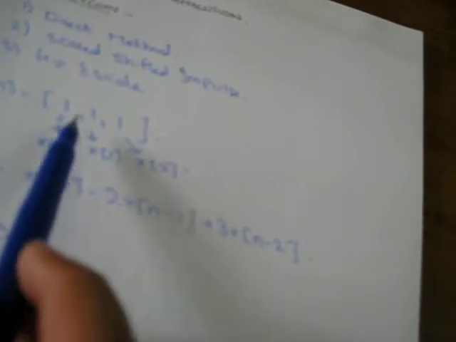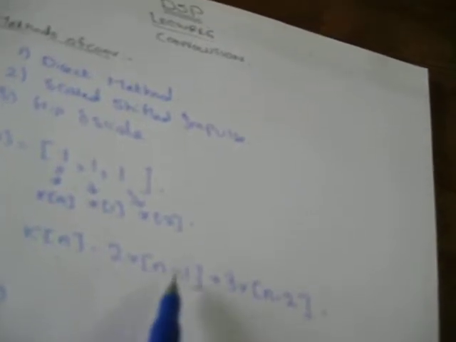So y of 5 will also be 0, y of 6 will also be 0, and so on, because when we put n in this signal, no corresponding value exists in x. For example, x of 6 does not exist, so we do not need to calculate that.